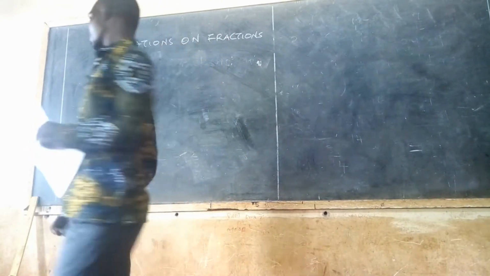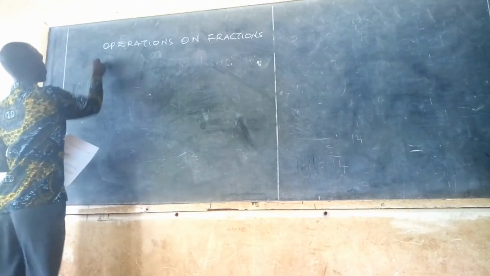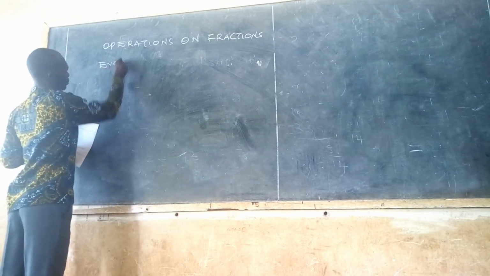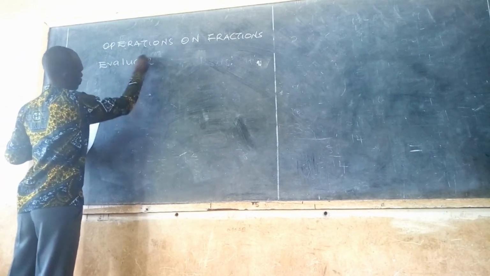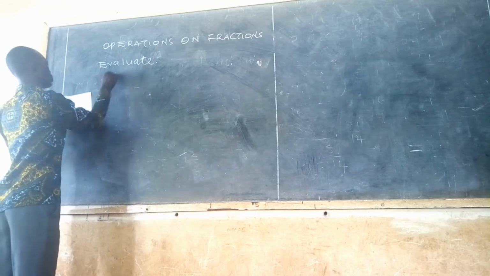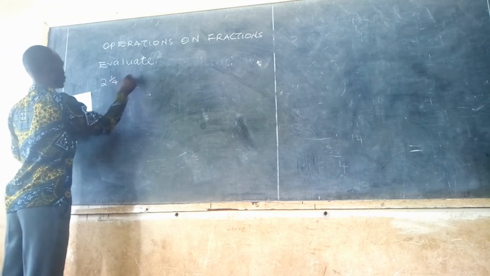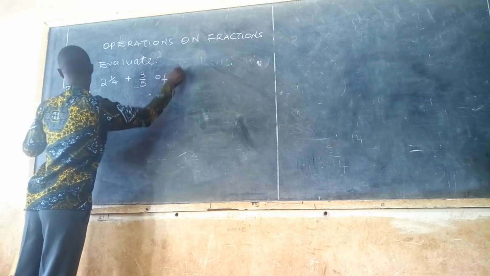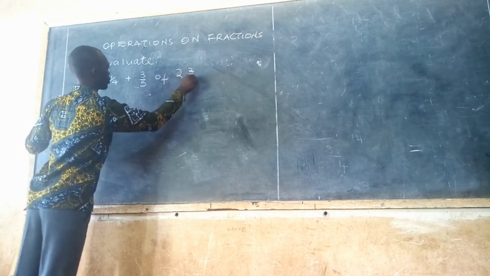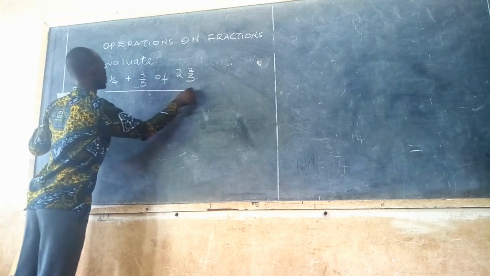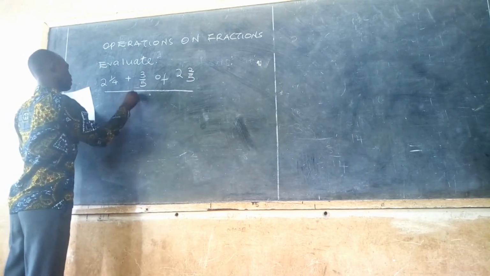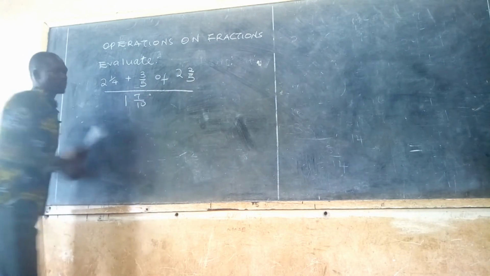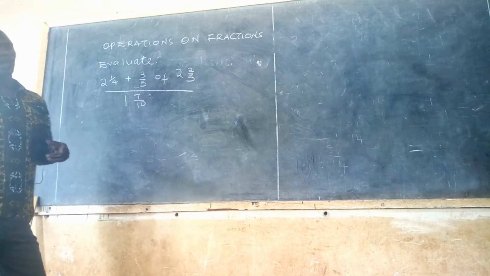You will be told to evaluate two and a quarter plus 3 over 5, or 2 and 2 over 5, everything over 1 and 7 over 10. These are typical questions. Evaluate.